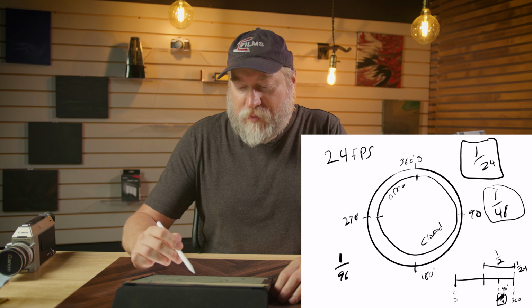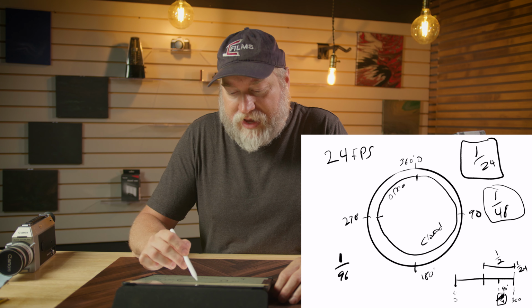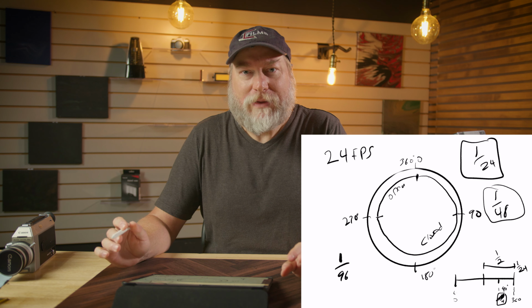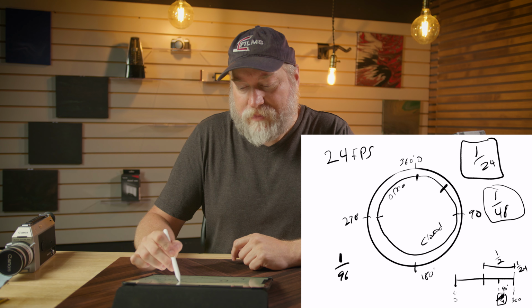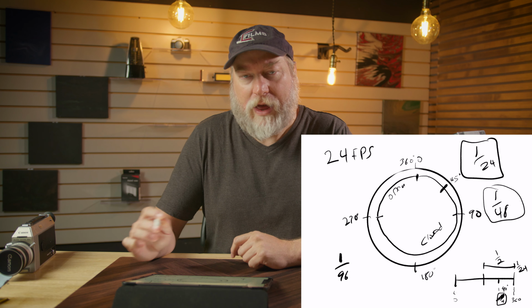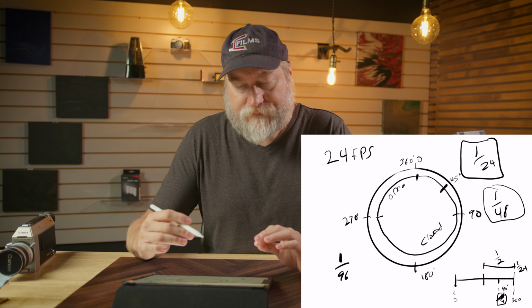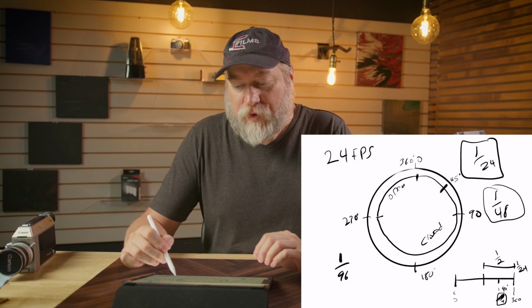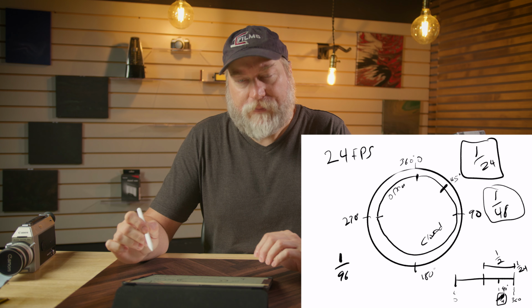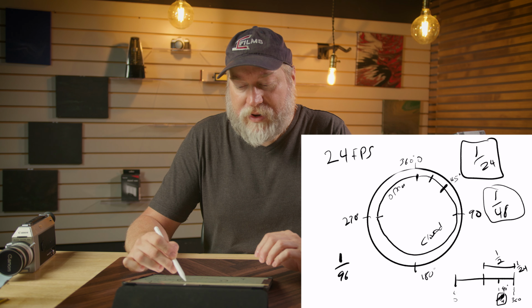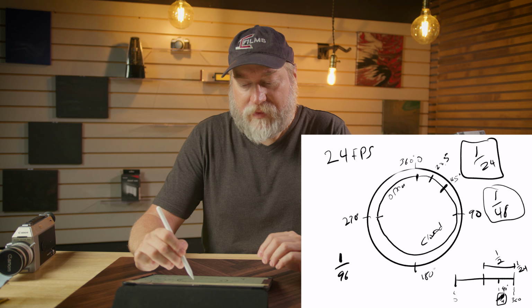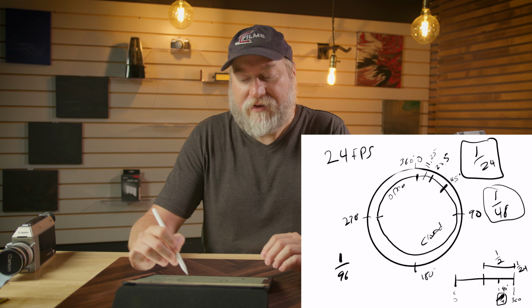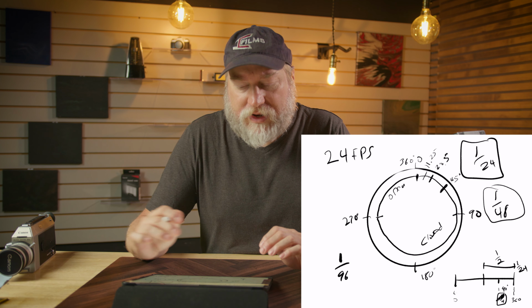Now we can look at it this way. It could be open here and here. It doesn't really matter as long as it's consistent. 45 degrees would be here. 22.5 would be here. 11.25 would be here, and so on and so forth.